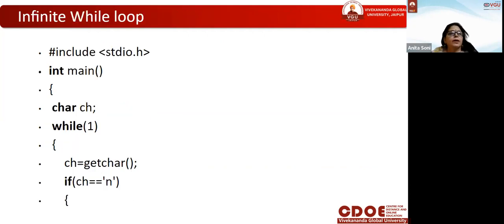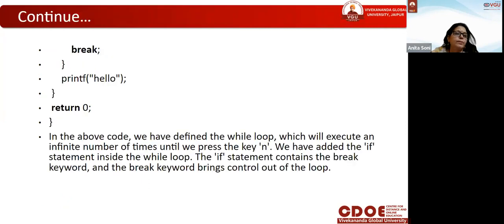See, in this program, what will happen? Here you have a variable char ch, while one, again an infinite number of times, it is always true. ch equal to getchar. You know what the getchar function is. It takes a single character from the keyboard. It asks the user to input a single character from the keyboard. If you enter n, then this will break.